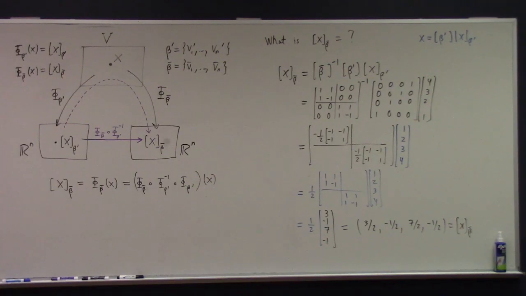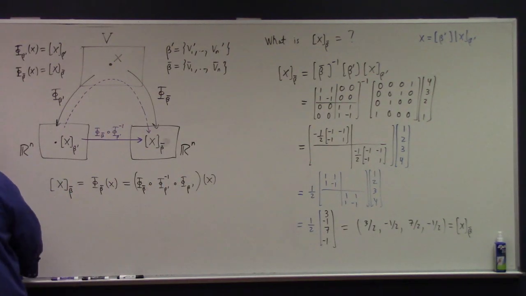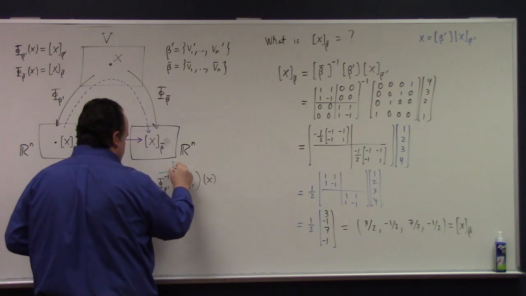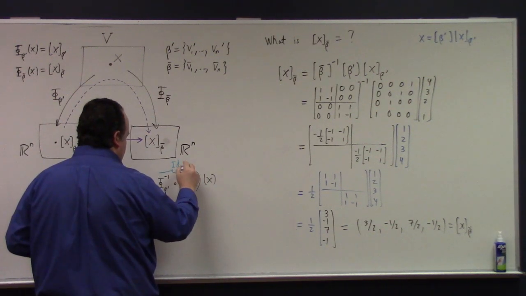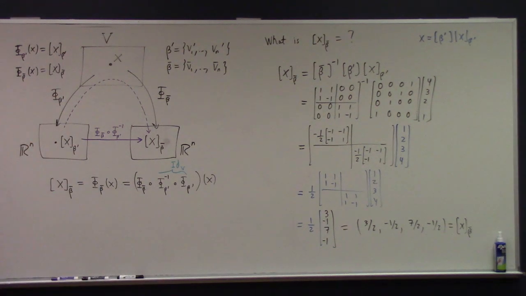So what I've done is I've just inserted a copy of the identity map, which you can do without changing anything, because this is just the identity map on V.